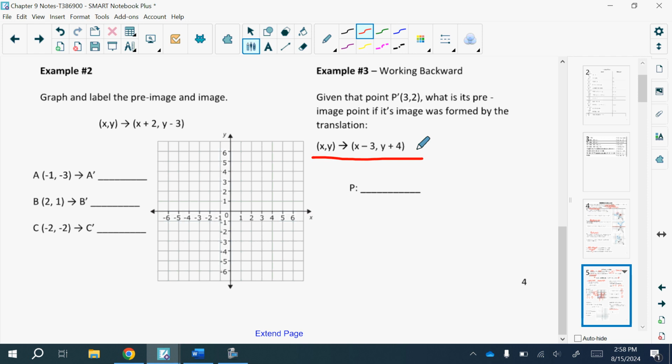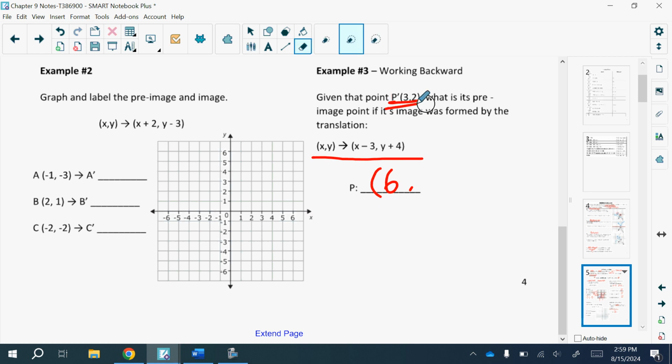Before we had the pre-image and we were finding the image. Now, again, backwards. We're given the image, we need to find the pre-image. It still gives us the rule though. So if our rule is x minus 3 and y plus 4, then going backwards, easy money. Instead of saying x minus 3, we're going to add that 3 to that 3 right here. So that ends up giving us 6.